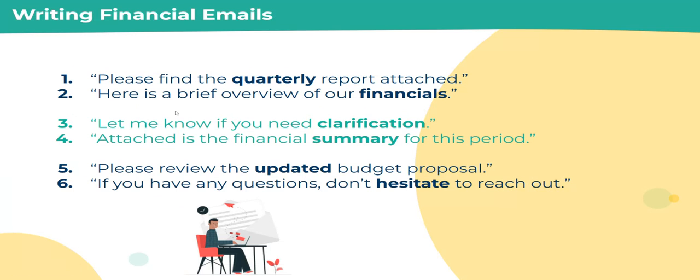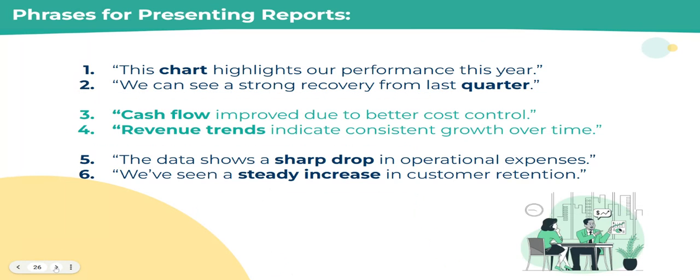Very important. Okay, guys. Well, we've also got some phrases for presenting reports as well. So have a listen to these. Number 1, this chart highlights our performance this year. Number 2, we can see a strong recovery from last quarter. Number 3, cash flow improved due to better cost control.